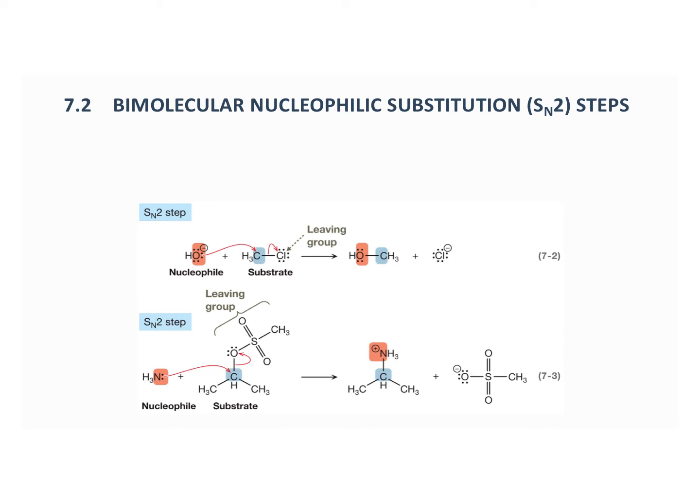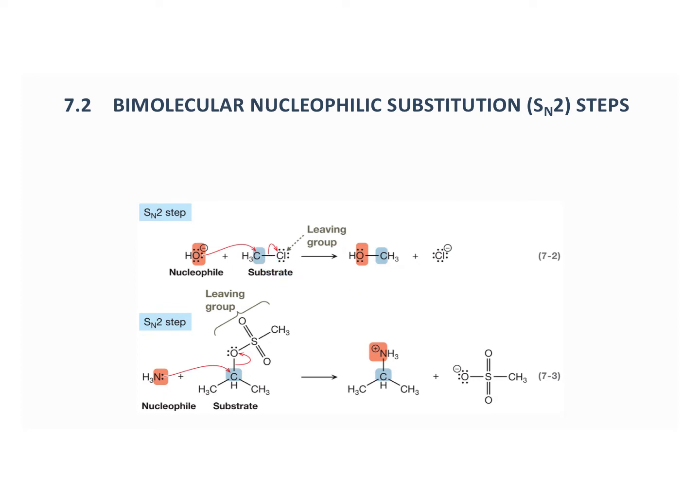And so here are 2 examples of SN2 steps where there are 2 things that react. We have a nucleophile. The nucleophile is the electron-rich species, and it attacks the electron-poor species. When it attacks, these electrons go here, and this group leaves.